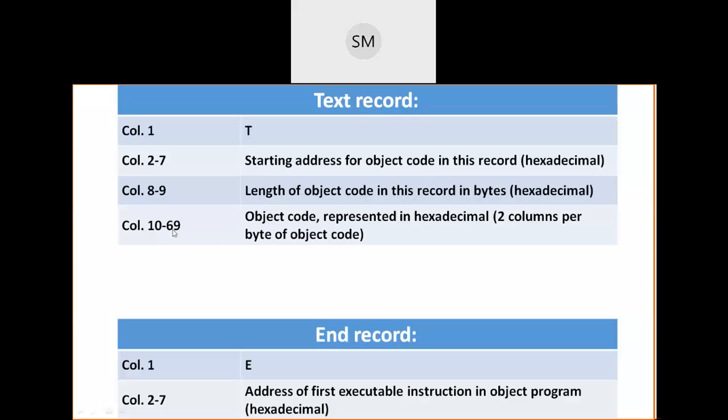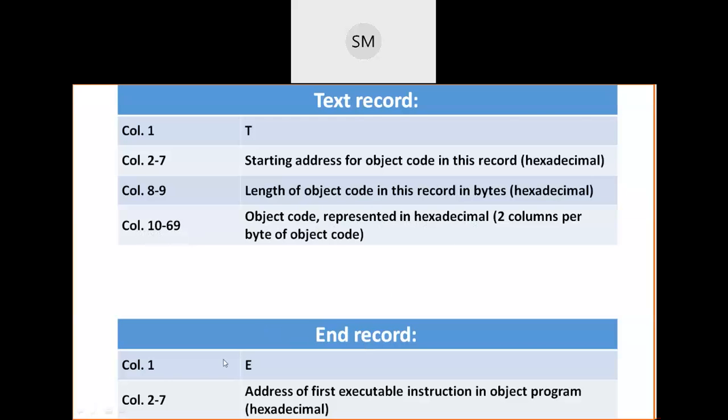Then columns 10 to 69, see how many columns are available here. In these columns I have to write the actual object codes, whatever you have generated. All those object codes you should keep on writing right here, in the text record from column 10 to 69, represented in hexadecimal.